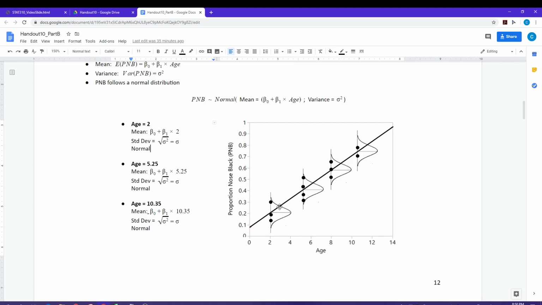The variability in this distribution is going to be given by my sigma value, or my sigma squared value. So the variance here is sigma squared, but if I write that as the standard deviation, I can just take the square root of that. From my output, this is actually the RMSE value, the root mean square error value.